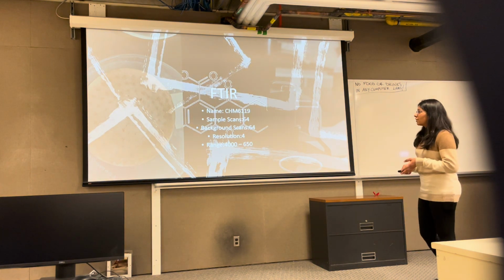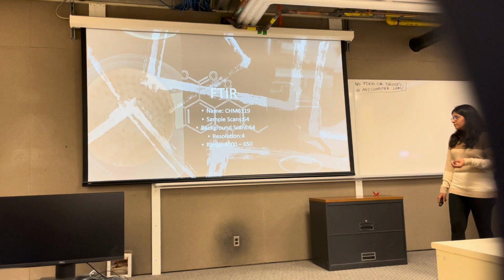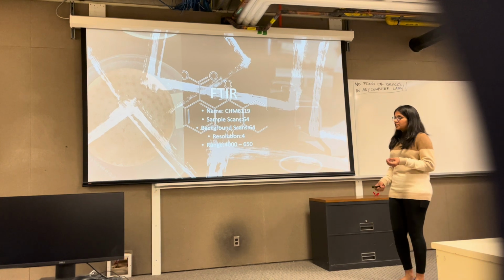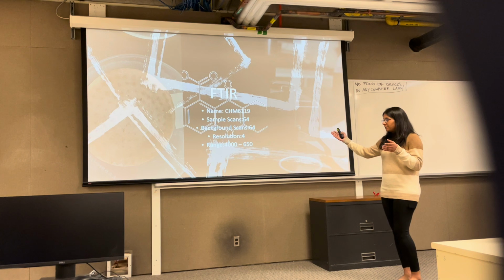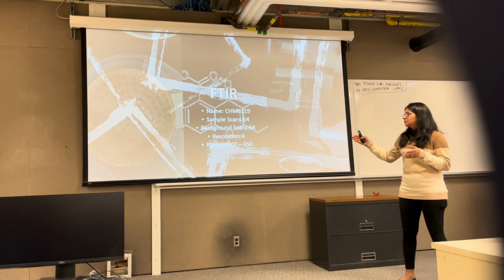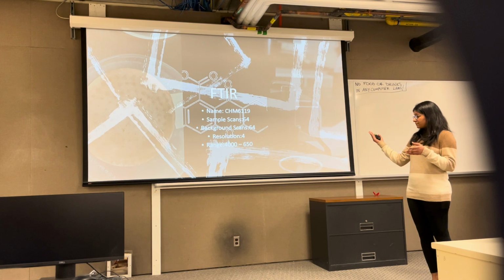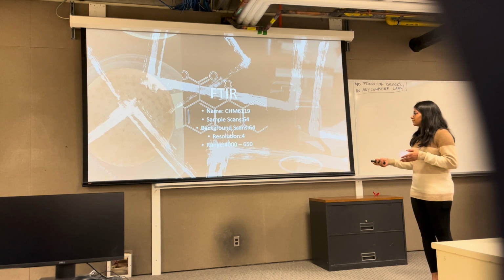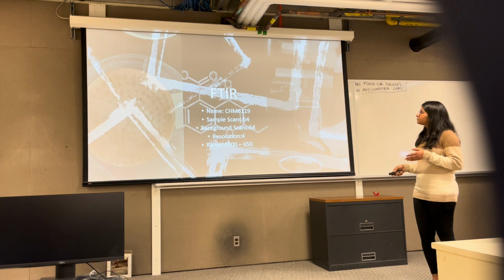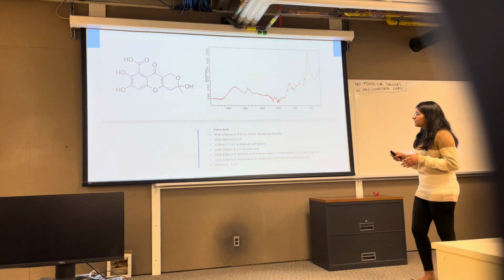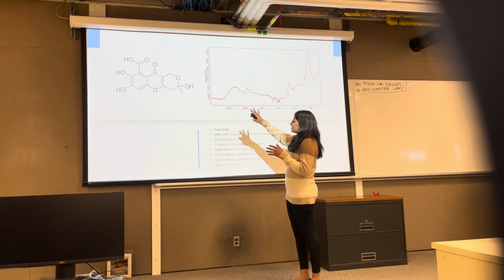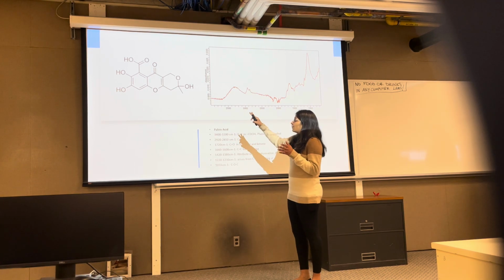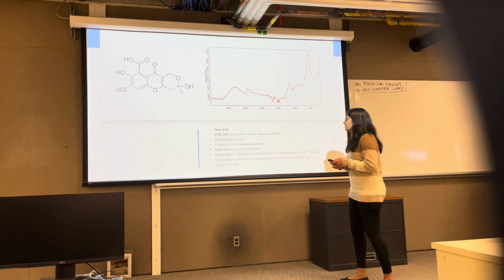And moving forward to FTIR analysis, we performed FTIR with the filter paper and sample, and also with only filter paper, in the range of 650 to 4000 centimeter inverse. And here we can see carboxylic acid group, benzene rings, ether, C double bond O, ketone, OH, and carbohydrates.